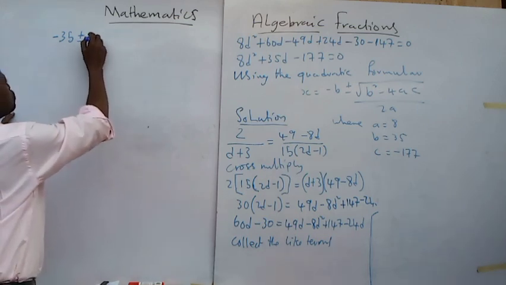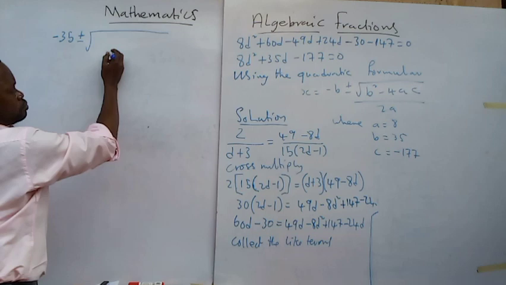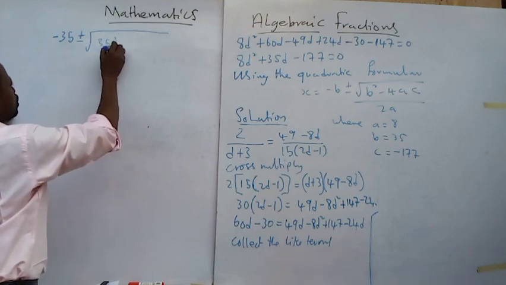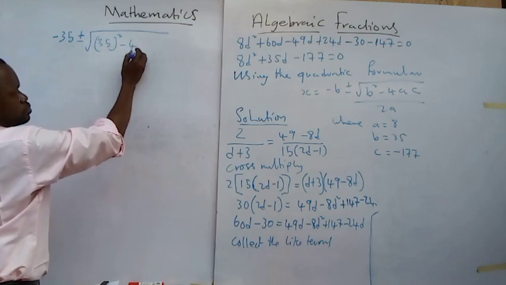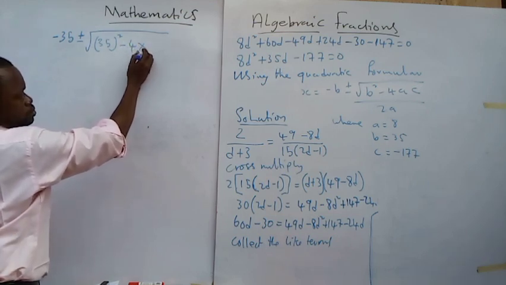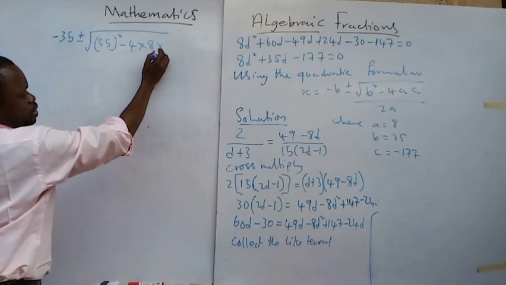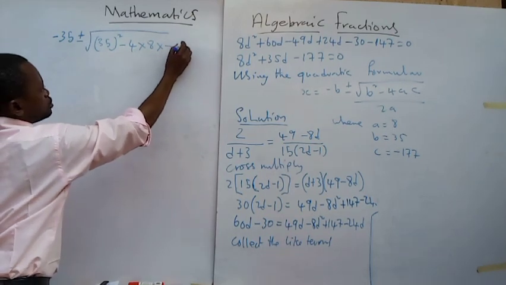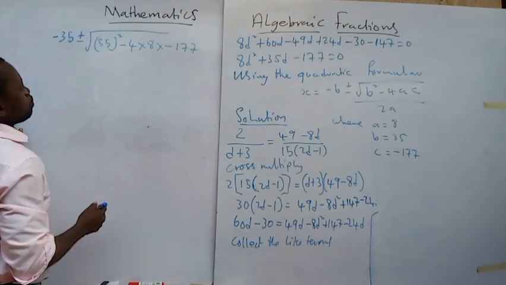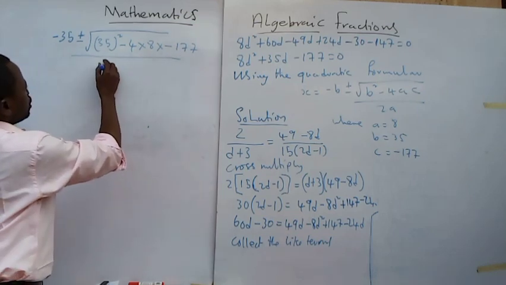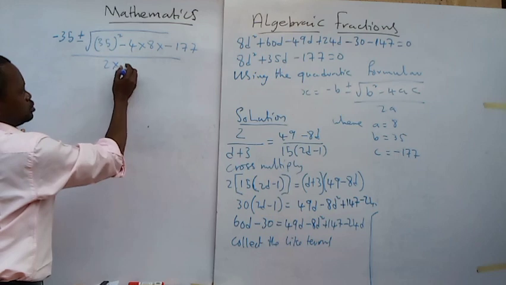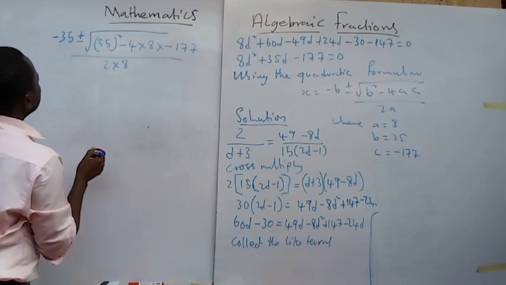So we have b squared, that is 35 squared, minus 4 times a, which is 8, times minus 177, all over 2 times 8.